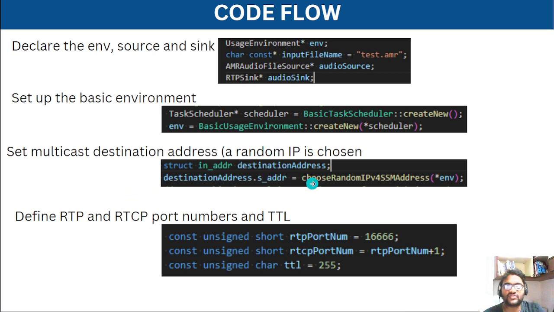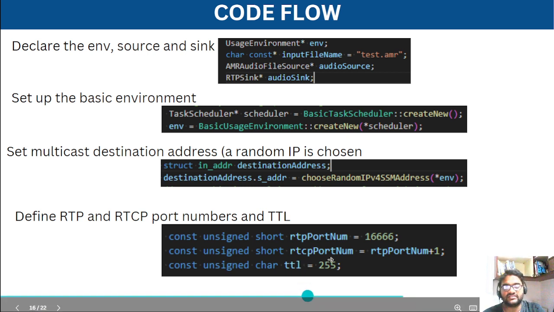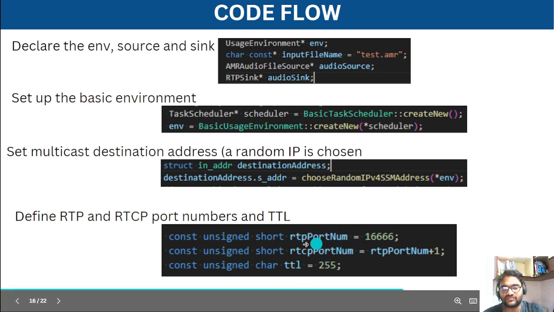Then we should enable the port numbers, because as we are talking over the network, typically we need port numbers. This one is for RTP and this is for RTCP, and RTSP uses the TCP stack. Since RTP and RTCP use UDP, we need the port numbers for them.